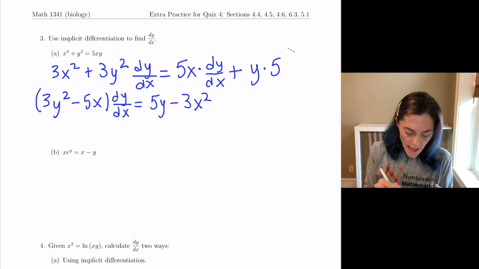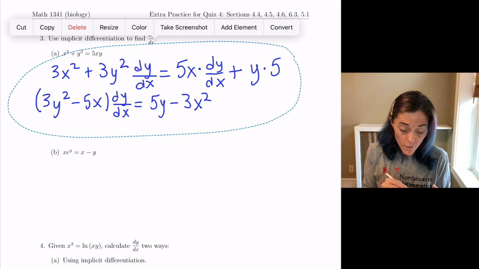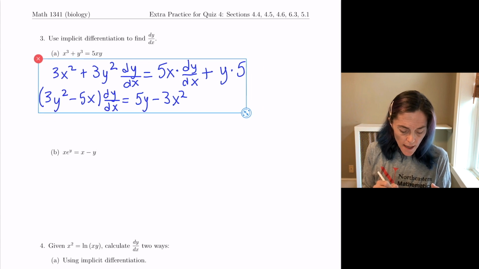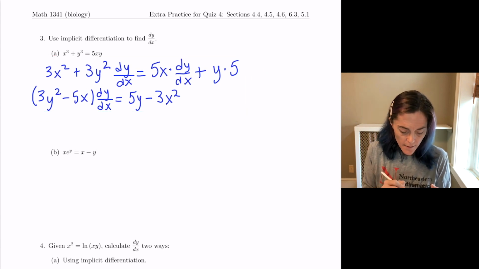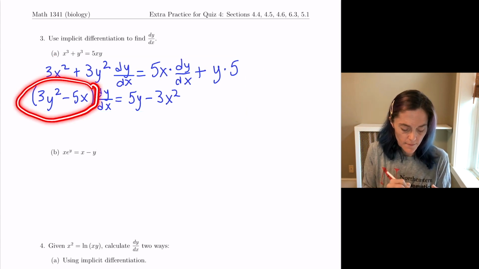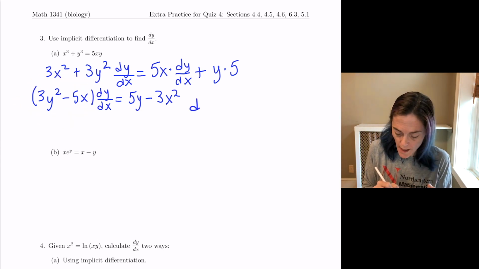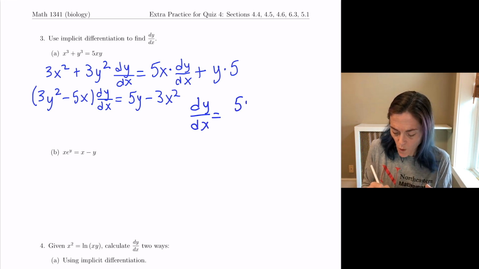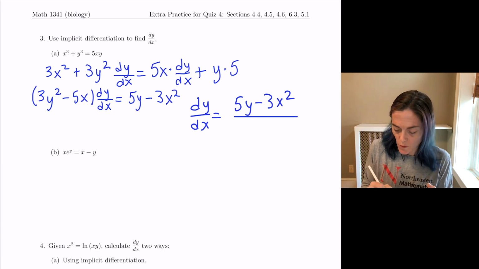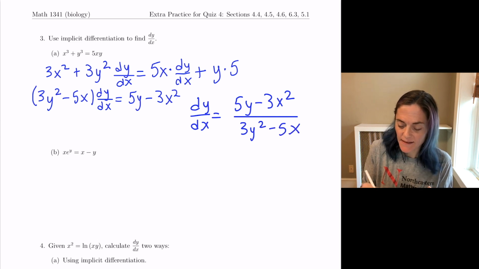My final step in solving for dy/dx is we just divide by this. So we have dy/dx equals 5y minus 3x squared divided by 3y squared minus 5x.